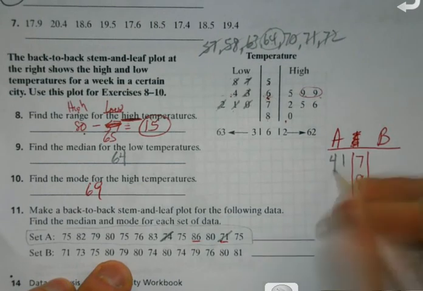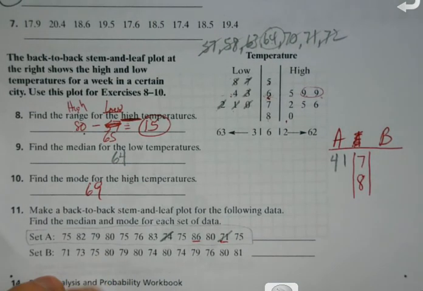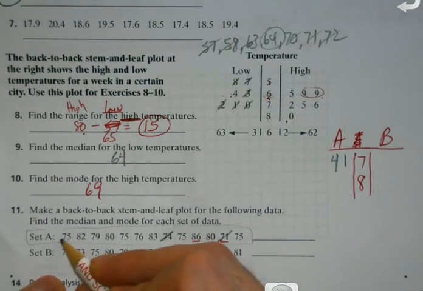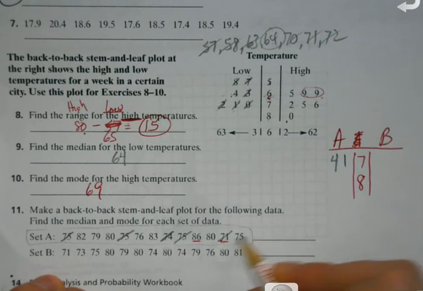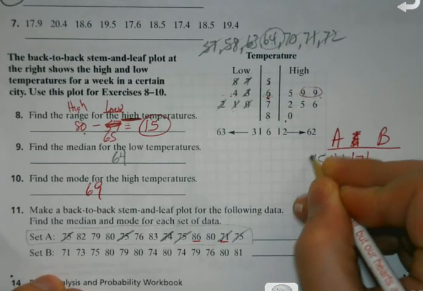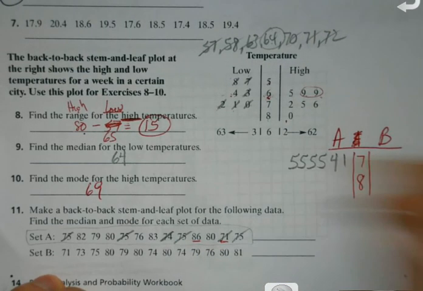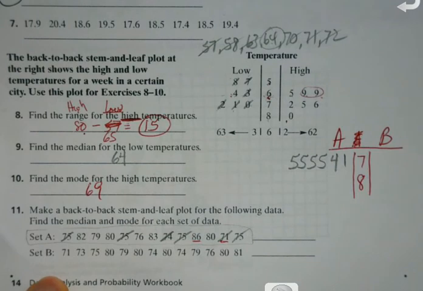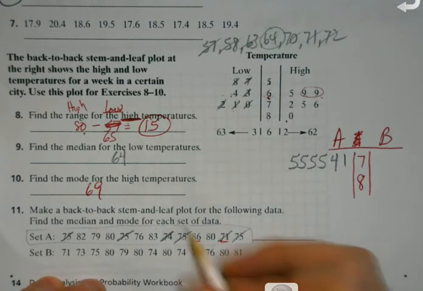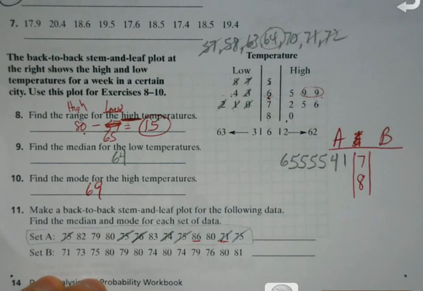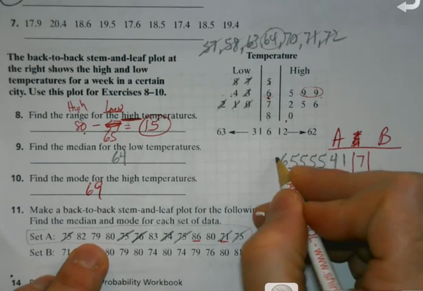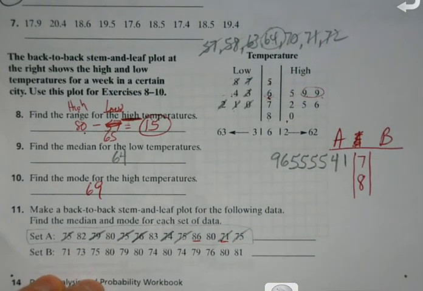Okay, so I get 4. Let's see. 75. How many of them are there? 1, 2, 3. 4 of those. So 1, 2, 3, 4 5s, because I have 4 75s. What's next? 76. 79. Okay, and I'm done with 70s then.